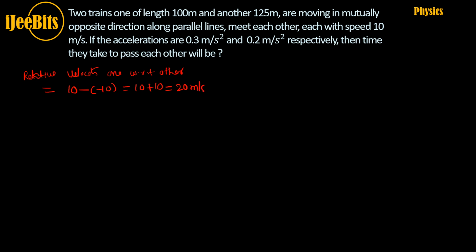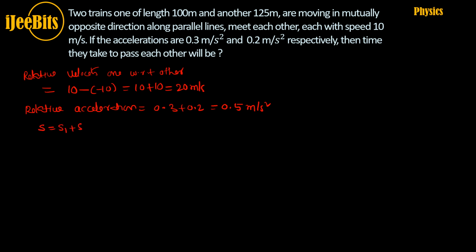Okay. And the relative acceleration is also given. Relative acceleration. How much? 0.3 plus 0.2, it is nothing but 0.5 meters per second square. This is also given. Now, what is needed? The length of the train is given. So, S is given.